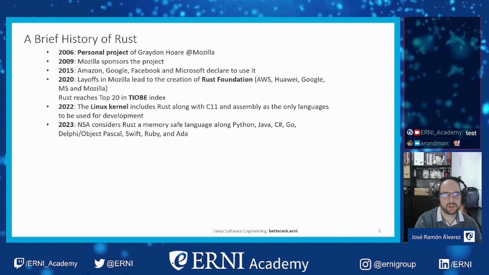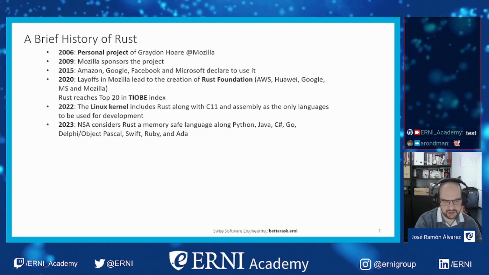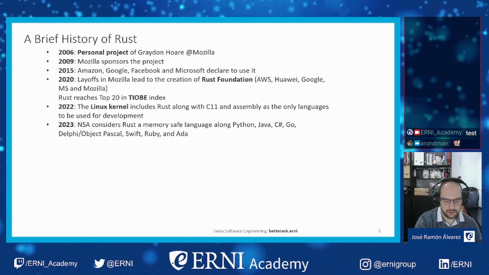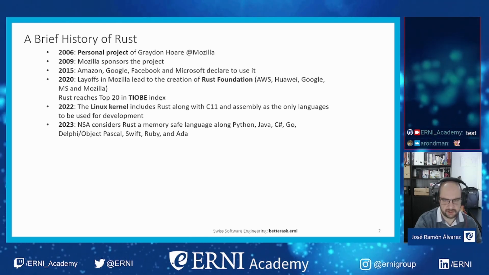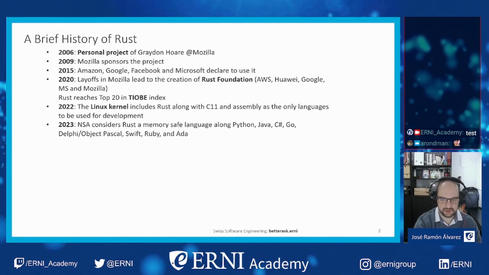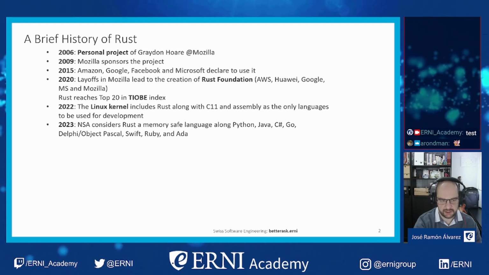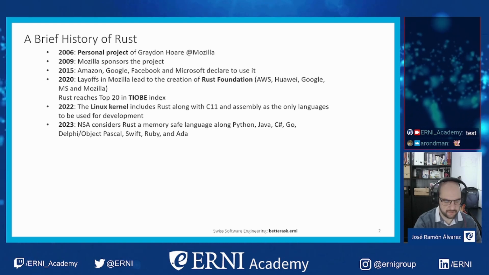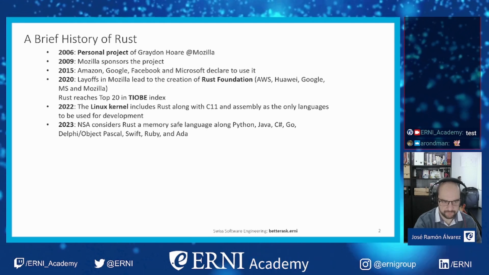In 2023, the National Security Agency published a statement about memory safe languages, and this is a list that includes Rust among Python, Java, C#, Go, some others, and of course Ada, as programming languages to be considered memory safe.